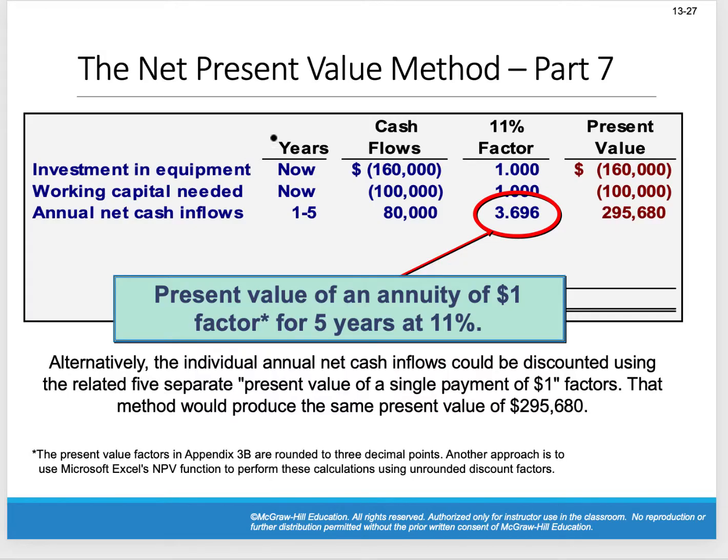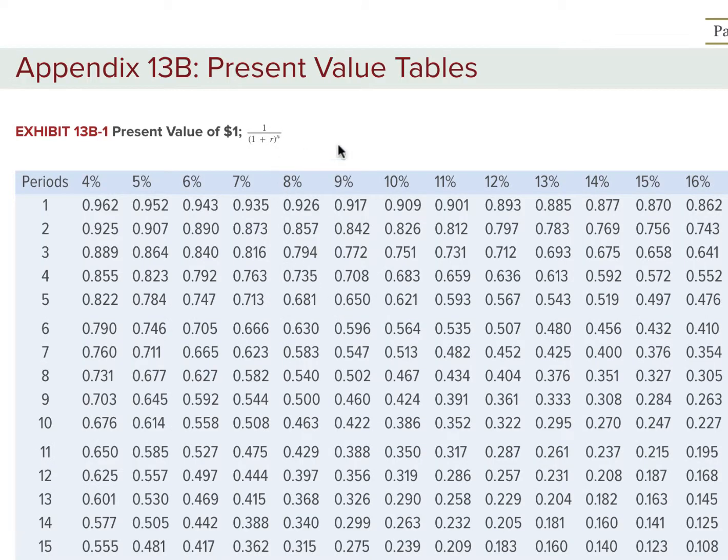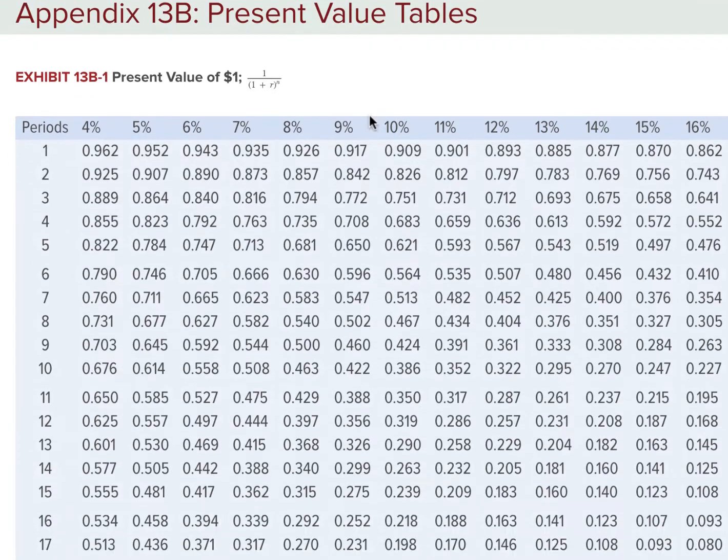Because we have annual net cash inflows, that means every year we're getting the same amount of money. That's an annuity. That's a stream of payments. So we need to use the present value of $1 annuity. The present value of $1 table is on page 677.